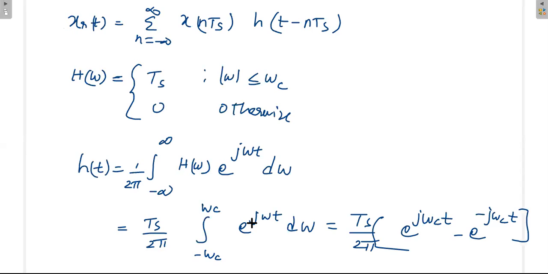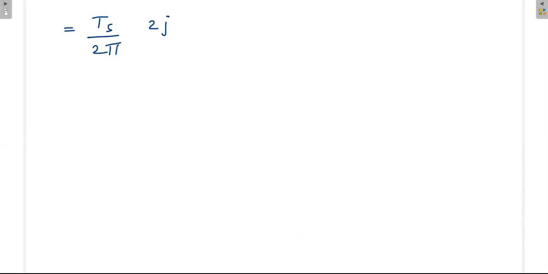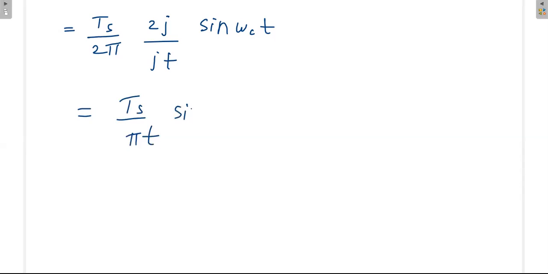One more thing: since we are integrating with respect to omega, we get an extra factor of 1 by jt in the denominator. We can write this as 2j sine omega c t. Already jt is there, so finally we get Ts divided by pi t times sine omega c t. So this is our h of t.